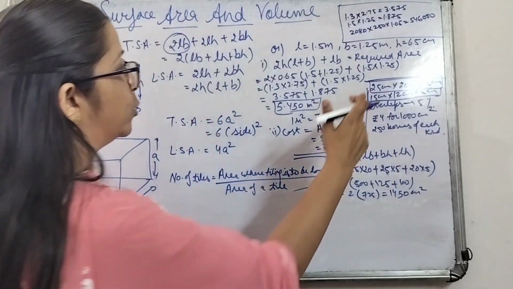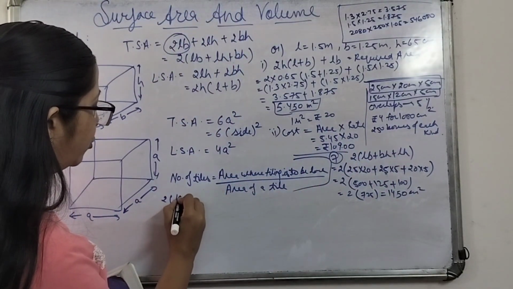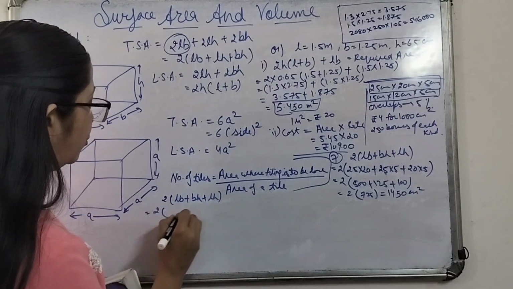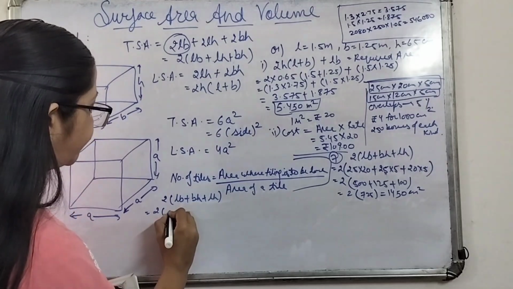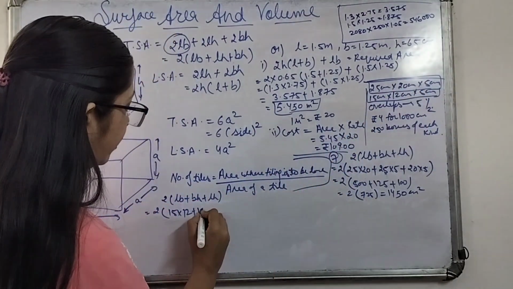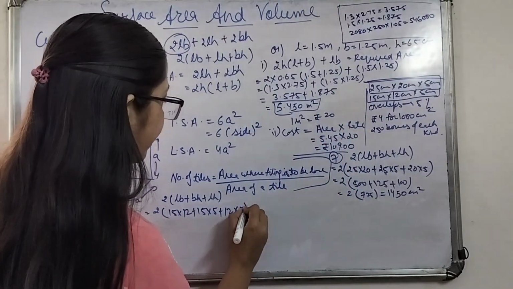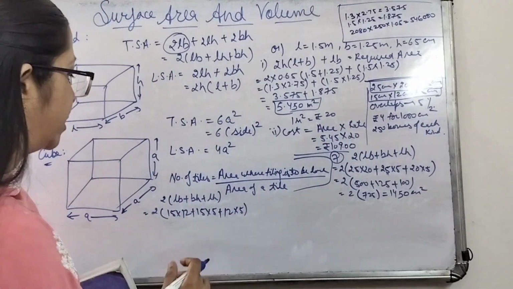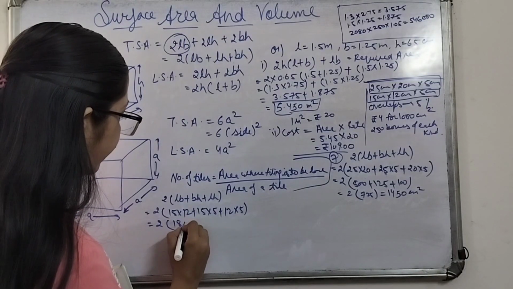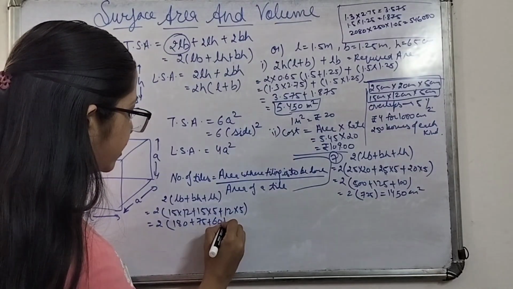Now we will be finding the total surface area for the smaller box. That will again be 2 into LB plus BH plus LH. That will give us 2 multiplied by 15 into 12 plus 15 into 5 plus 12 into 5. This will be the total surface area of the smaller box. 15 into 12 will be 180, 15 into 5 is 75, and 12 into 5 is 60.